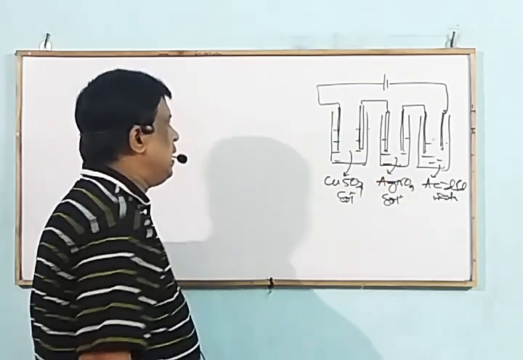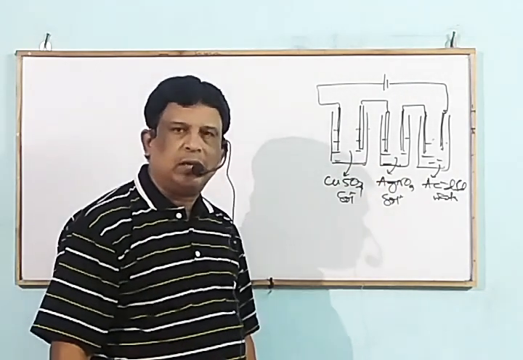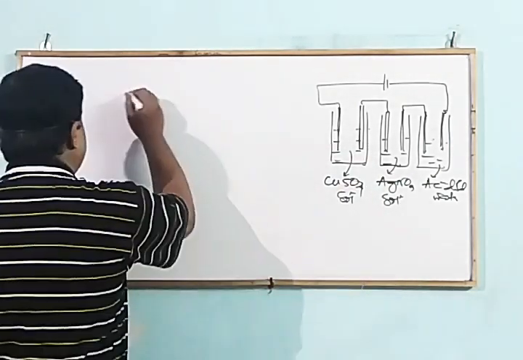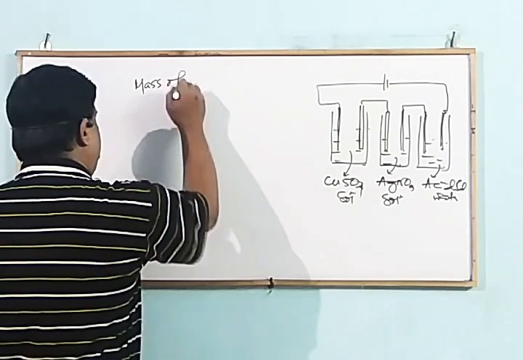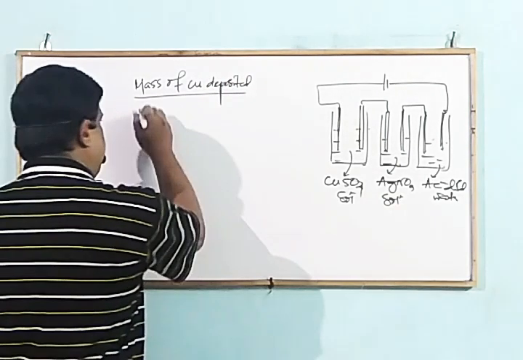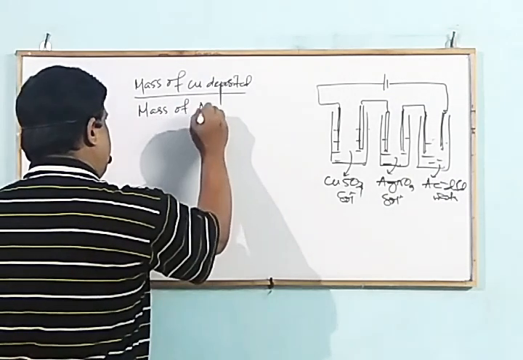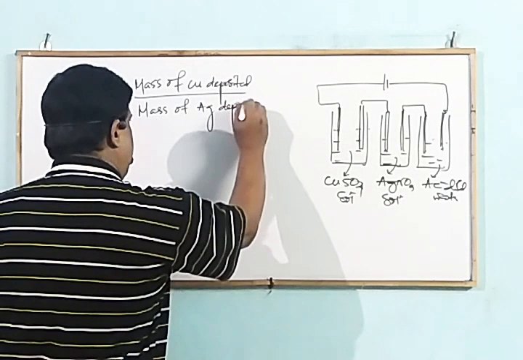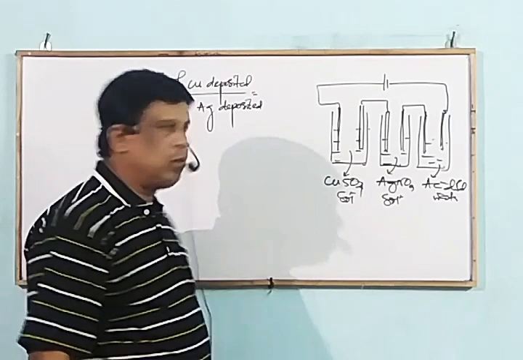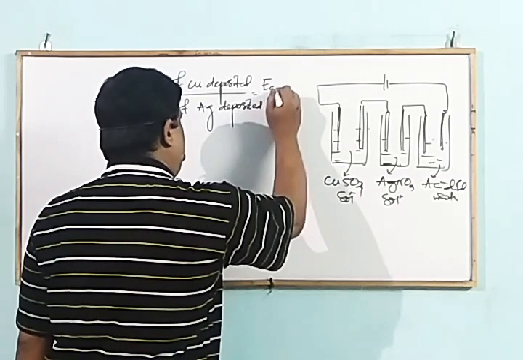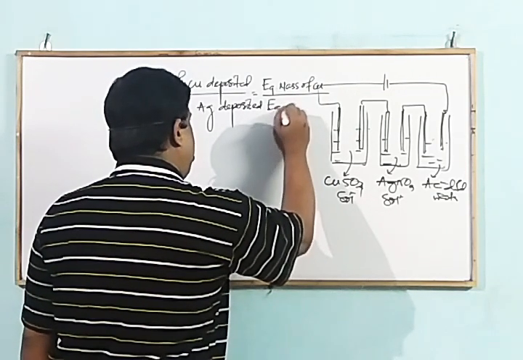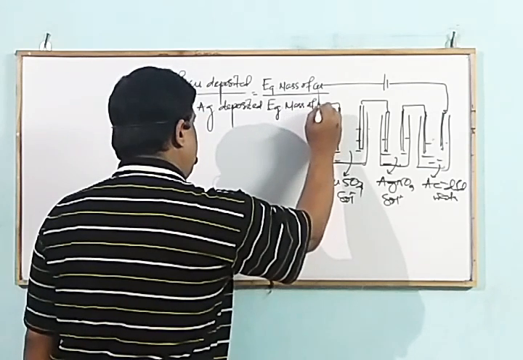If they are connected in series and the same quantity of electricity passes through them, then by taking the first 2 containers, what do we observe? The mass of copper deposited by the mass of silver deposited is equal to the equivalent mass of copper divided by the equivalent mass of silver.